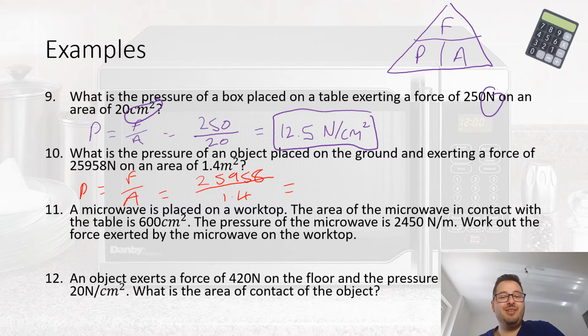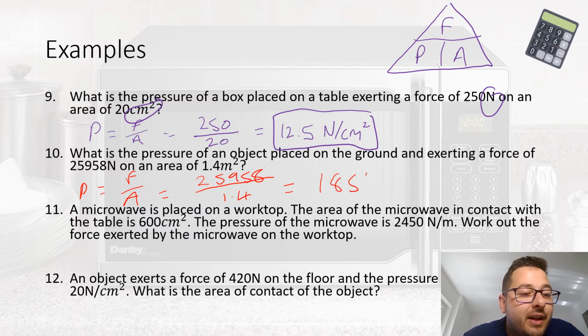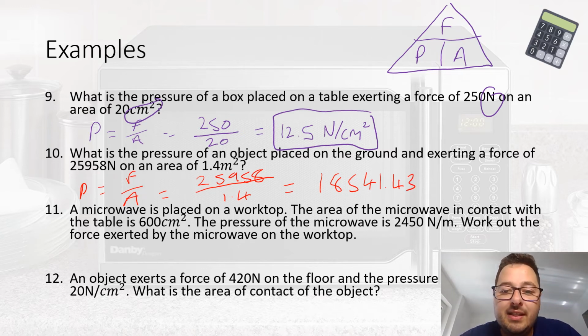So definitely need my calculator for this one. 25958 over 1.4, and we end up with 18541.43, let's say, to 2 decimal places. And this is newtons over metres squared this time.